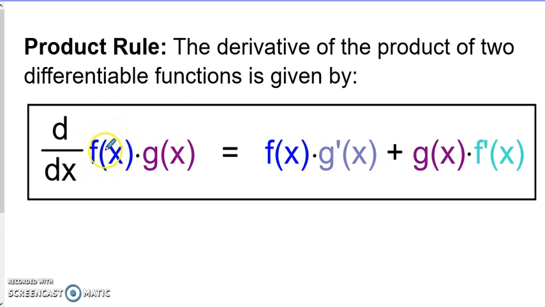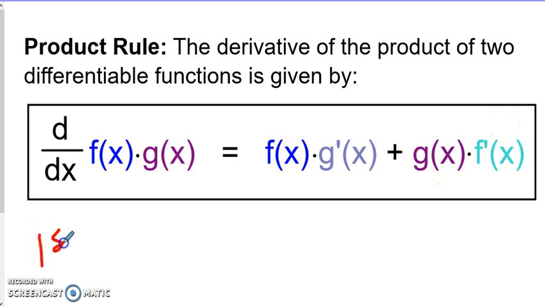If I have a first term times a second term, in this case represented by a function times a function, first function times a second function, you take first times the derivative of the second plus second times the derivative of the first. So the first part times the derivative of the second part plus second times the derivative of the first. Let me go ahead and write that down.